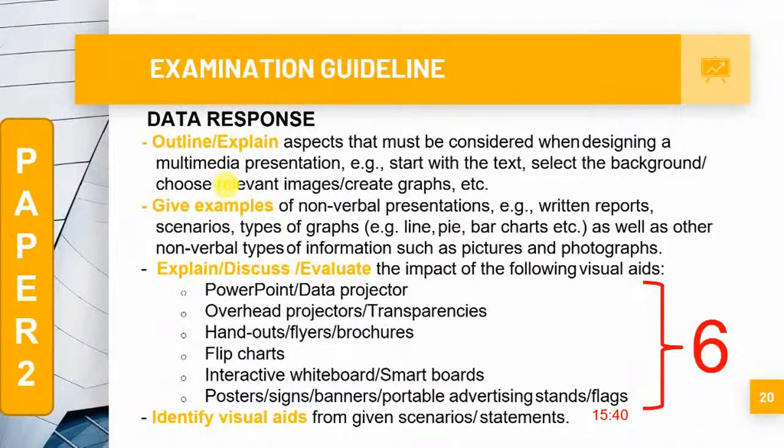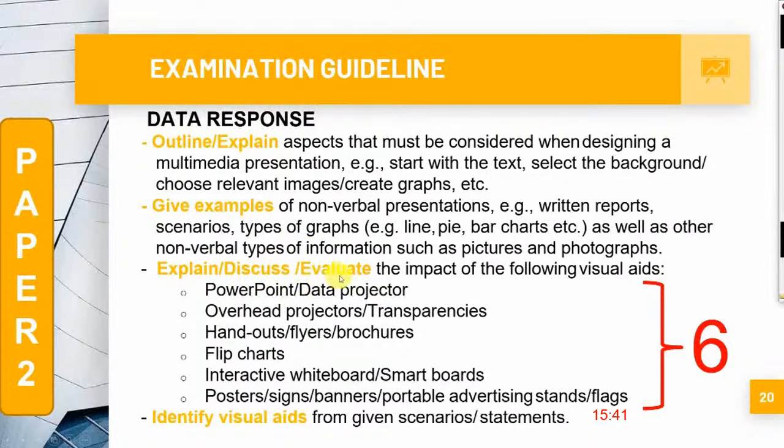Then there is the second part of the exam guidelines that refers to, let me just move my cursor across. Here, outline, explain aspects that must be considered when designing a multimedia presentation. Give examples of non-verbal presentations as well as non-verbal types of information and types of graphs.